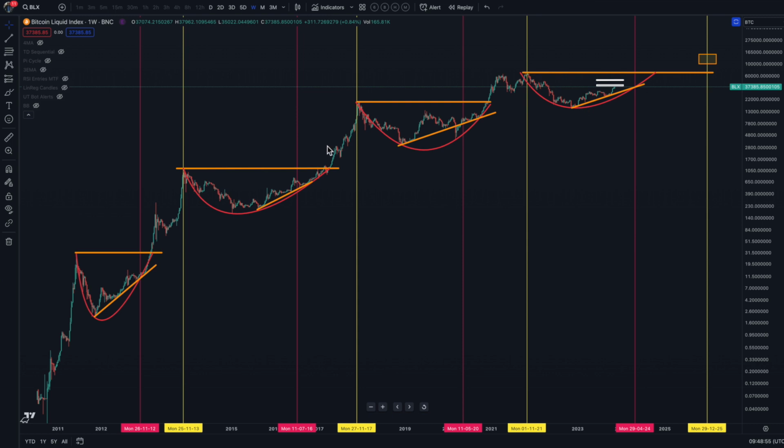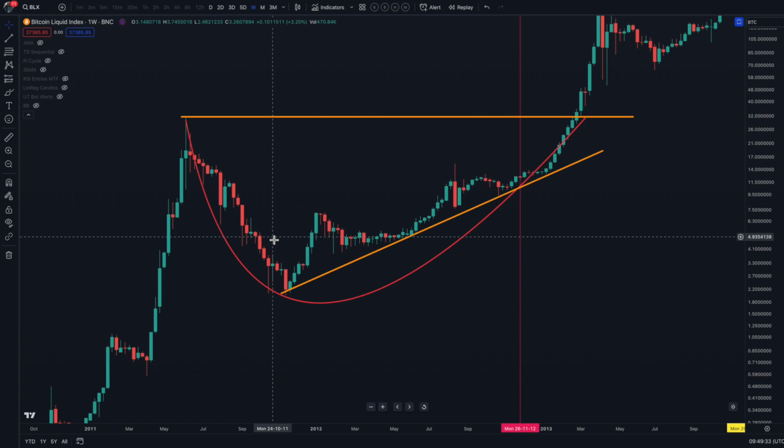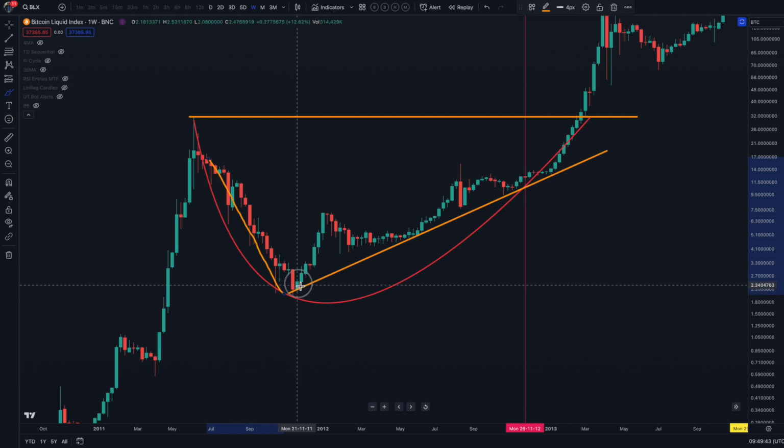So what I'm going to show you today is something really interesting and something you need to be really aware of, especially if you're trading. So we're going to start off with this cycle here. Just notice this particular pattern. Once we've come to the bottom of that bear market here, that's your first point for this support line. Then along the way, you'll find that it finds support at a few points.